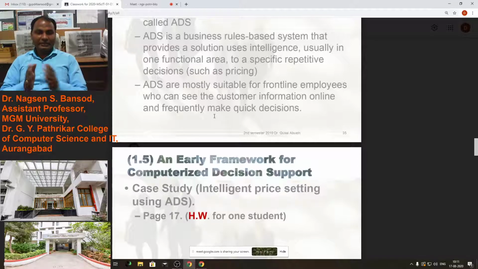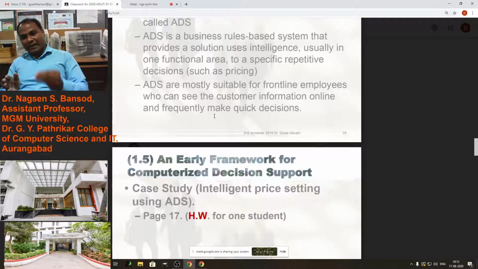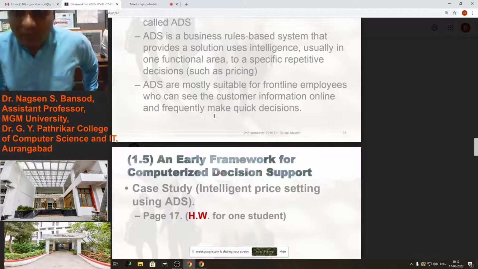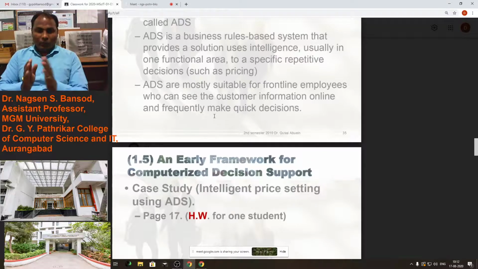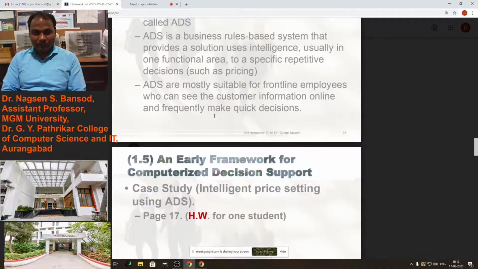This automated decision system will be used by the frontline employee, means in the car showroom, the customer executive who shows us a car. He is the frontline employee. So we have to provide him ADS, the automated decision system.